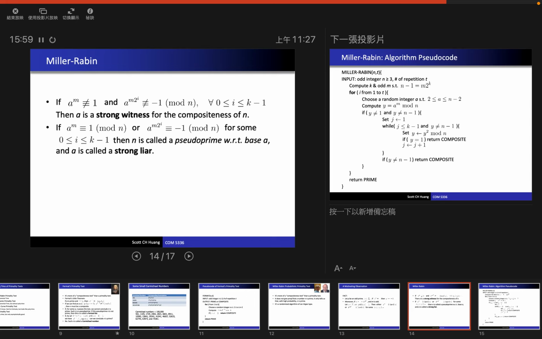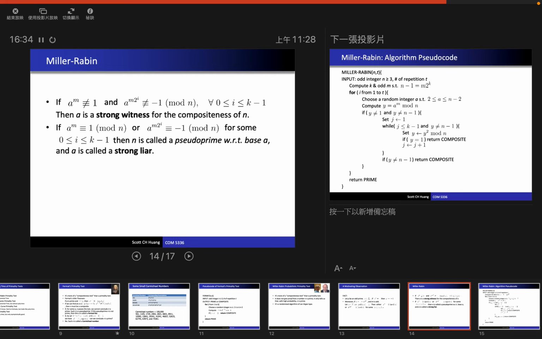So this is a much more enhanced version of Fermat's primality test. So why does Fermat's primality test fail? Because it only checks the right part. There's so many things in the middle that you actually ignore.